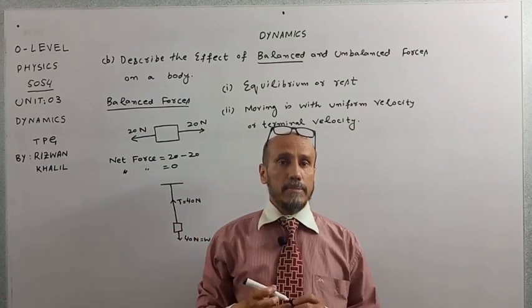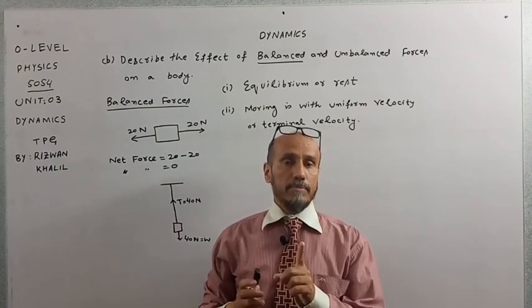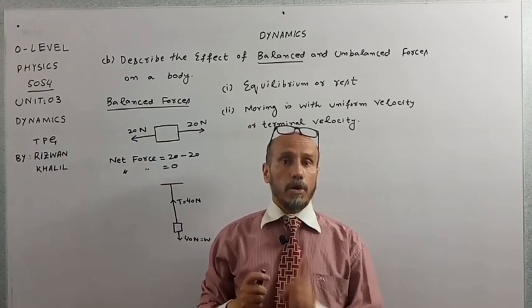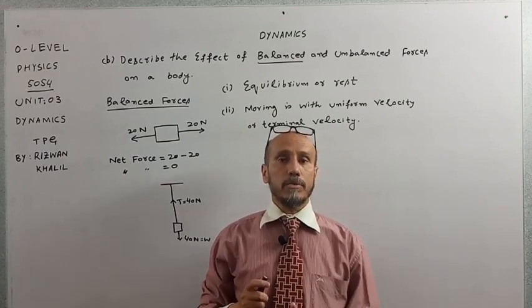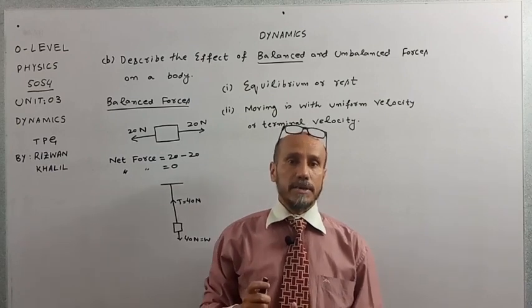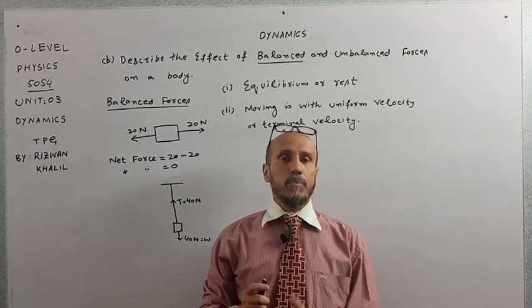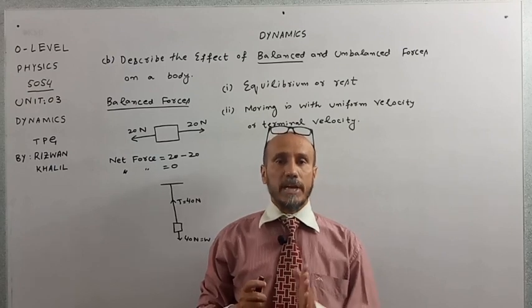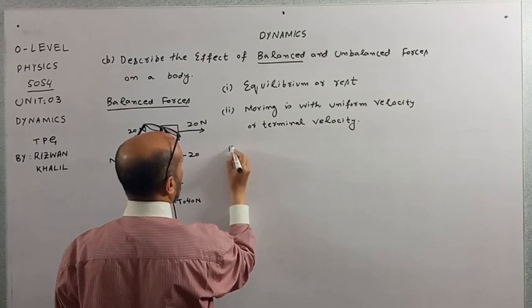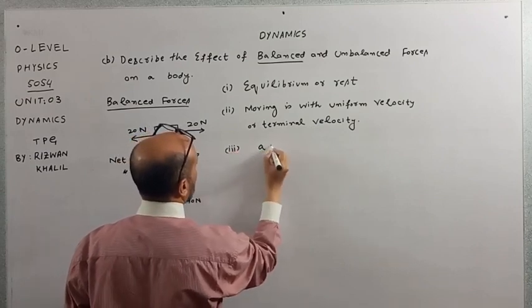So when forces are balanced, what will happen? Body will be in the state of rest or in equilibrium, or body will move with uniform velocity or with terminal velocity. And we have already studied in previous unit that when body moves with uniform velocity or terminal velocity, acceleration will always be equal to 0.